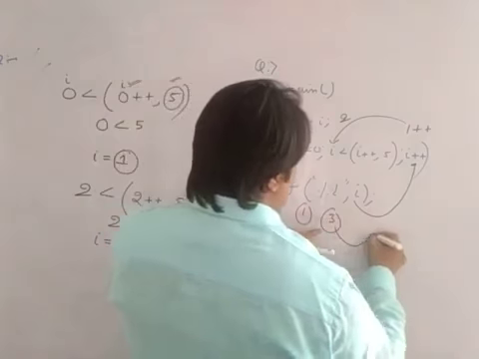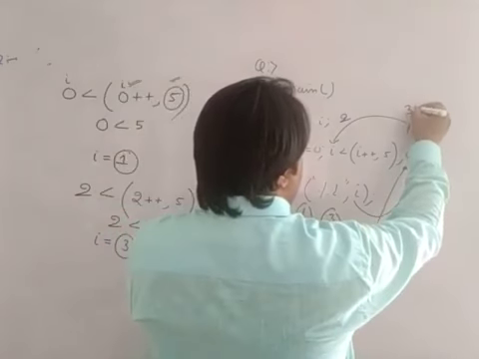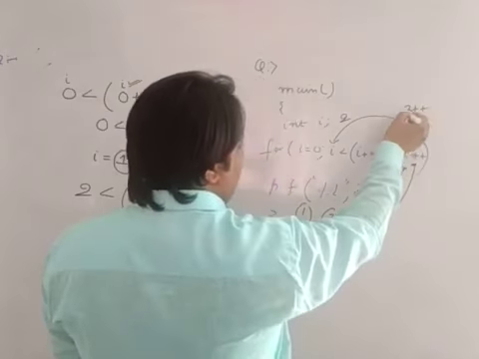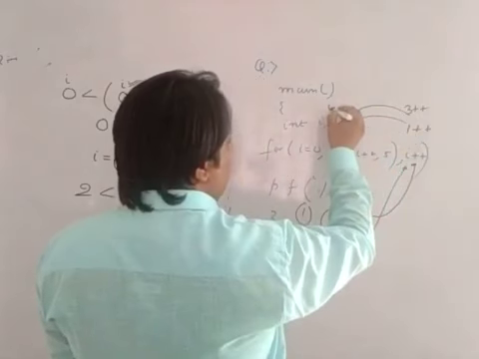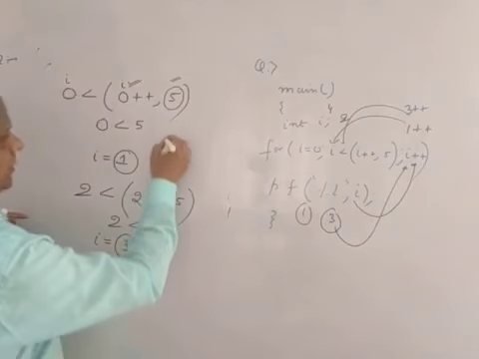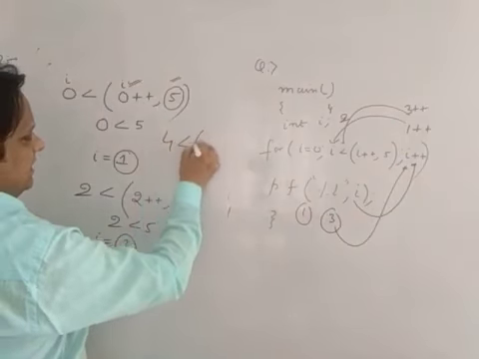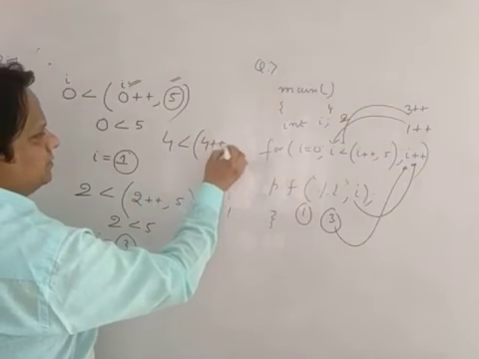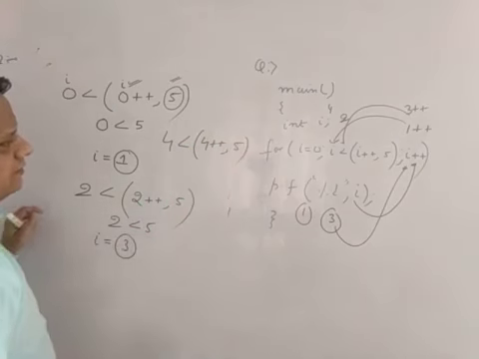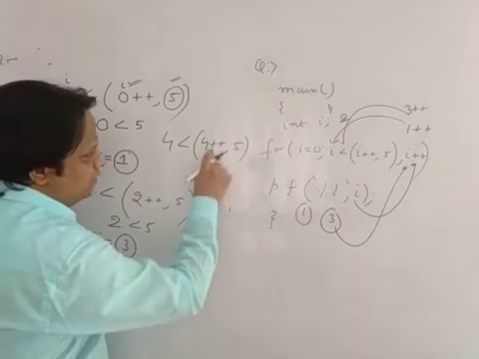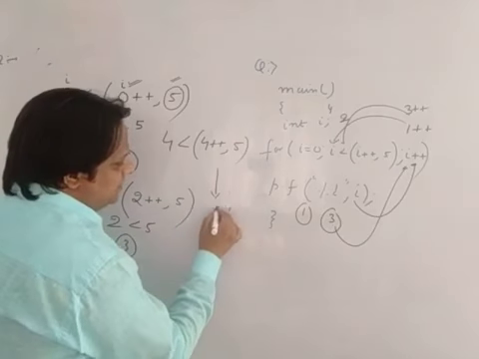Now after 3, when you reach here, it is 3++, so when you come here, it is 4. Now it is 4 < (4++, 5). Now when you come inside the printf, because of 4++, 5 gets printed.